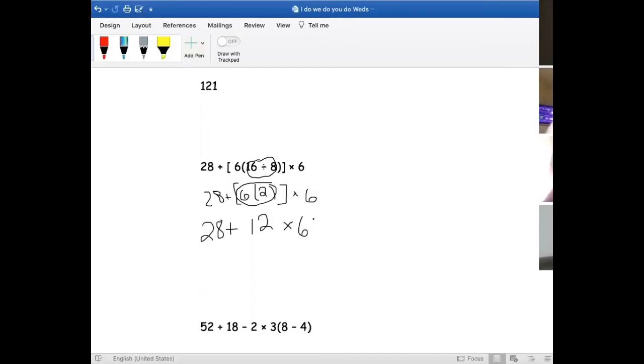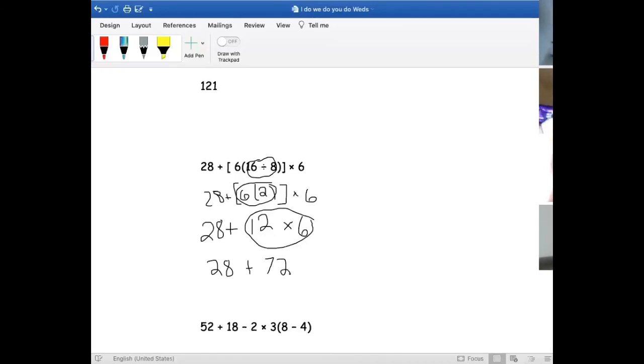12 times 6. Yeah, very good. And do you know what 12 times 6 is? What's 6 times 10? 60, right? And then what's 6 times 2? That is 12. So what's 60 plus 12? 72.